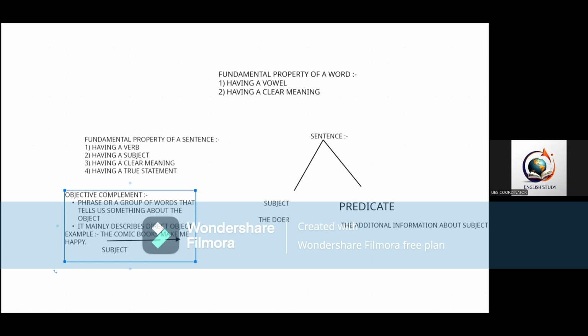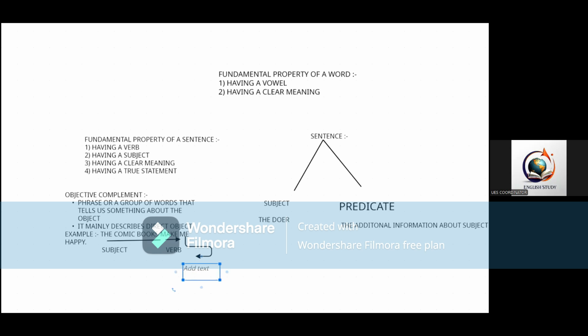This one is our direct object, me. And it is an objective complement.